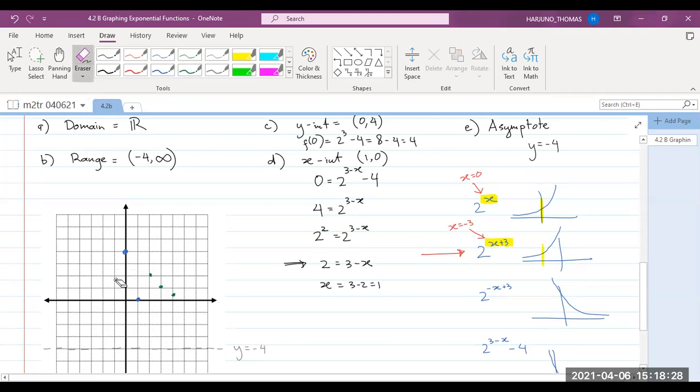And then move down 4 units, and this guy becomes here, this guy becomes here, and this guy becomes here.